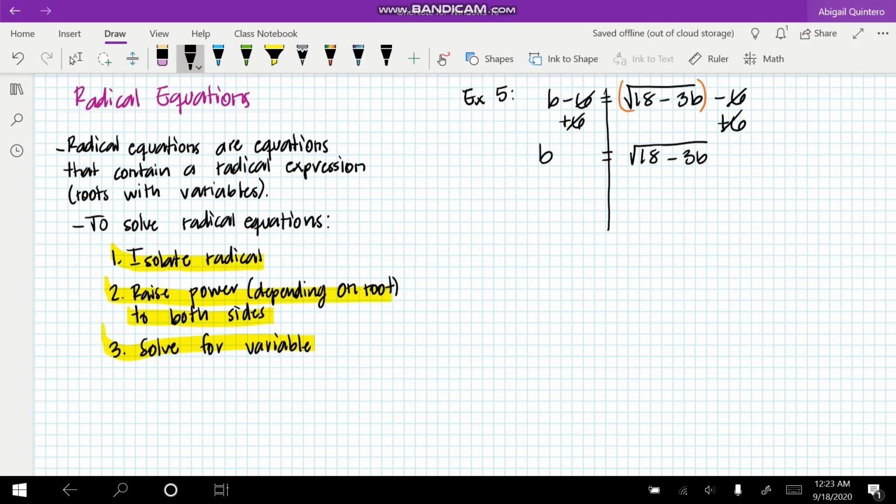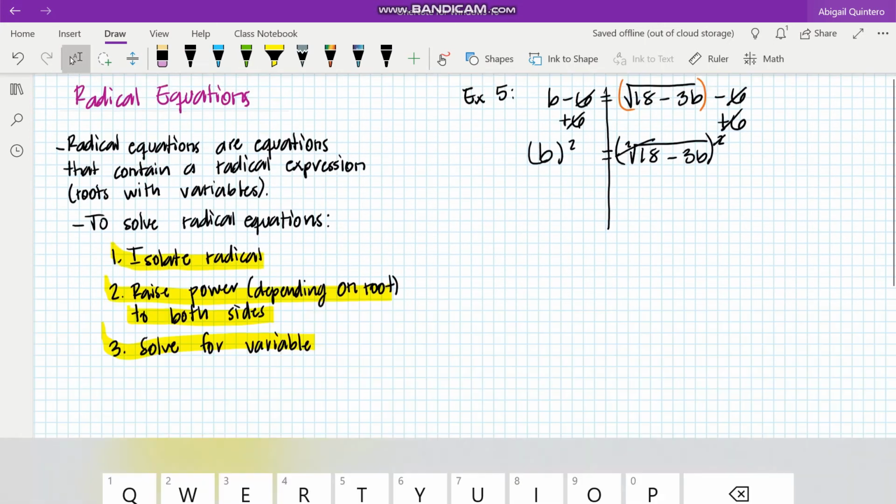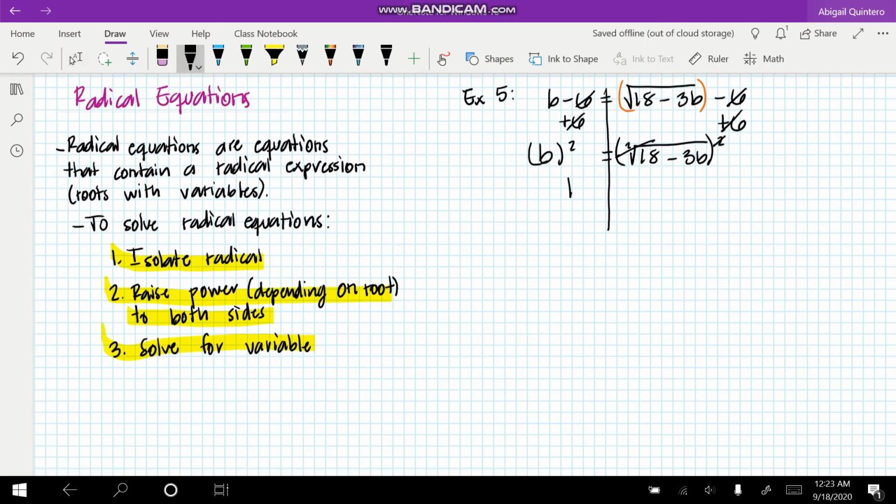Now from here, because this is a square root, we're going to raise to the second power. So the square and the square root are going to cancel out. However, on the left, we end up with b to the second power, which is b squared equals 18 minus 3b.